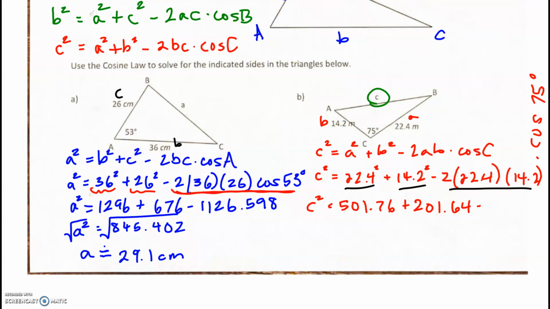And I'm going to do all of this here. 2 times 22.4 times 14.2 times cos 75 is 164.650. All right, so let's add and then subtract, and we end up getting 538.75.